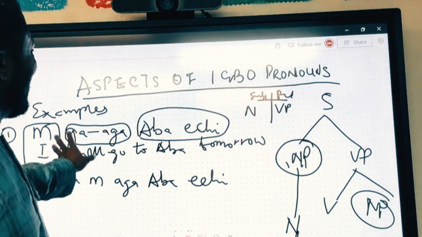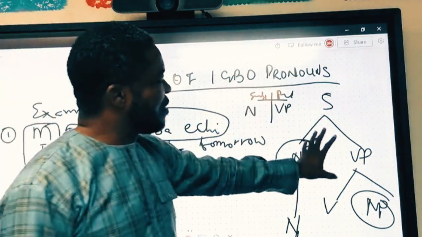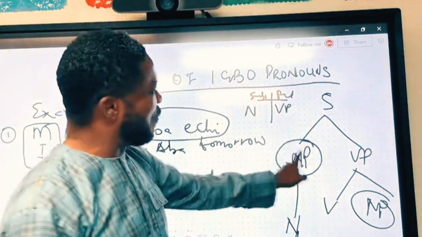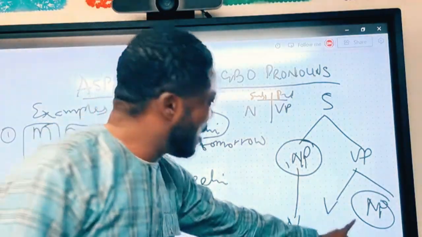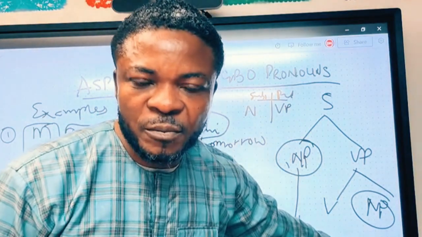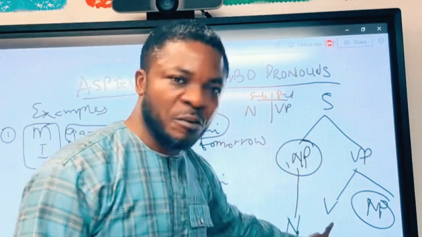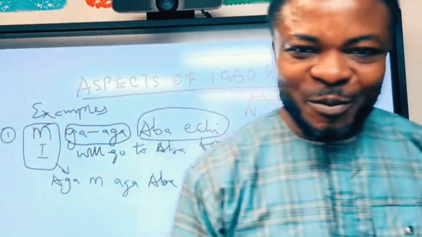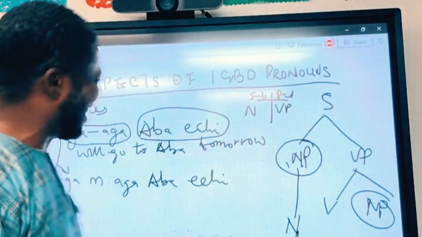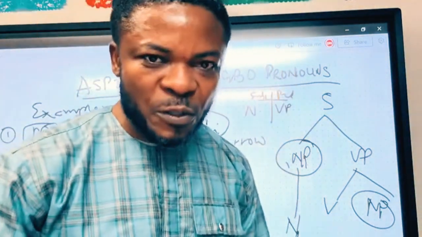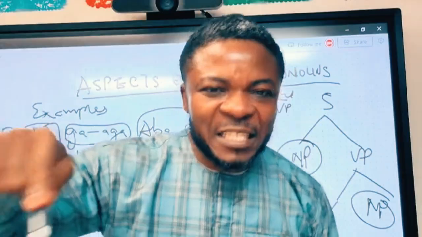Anyway, when you have the subject and the predicate, you have the verb phrase. You find out that the verb phrase shoots out. The first node of the verb phrase is the verb. After the verb, the next thing that follows is a noun phrase.